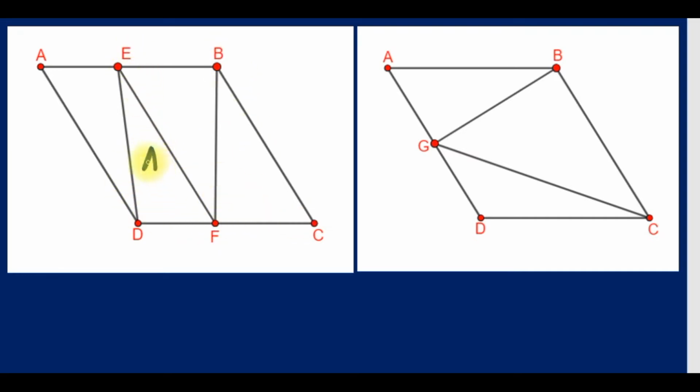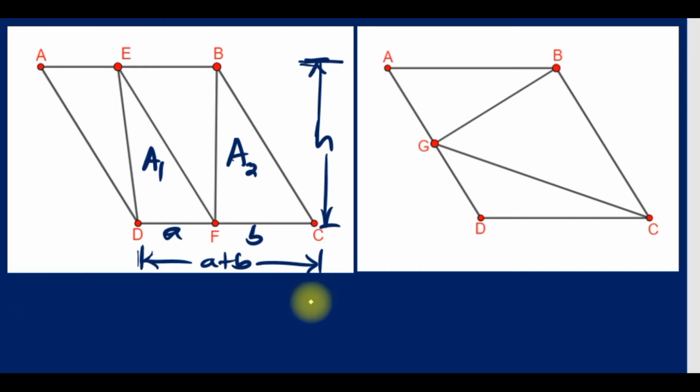So let's call these A1 and A2. If the length here is A and this is B, meaning for this side the total length is A plus B, and if the height of the parallelogram is H, we now see the sum of these two areas.